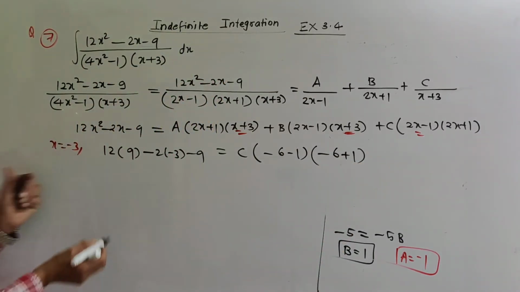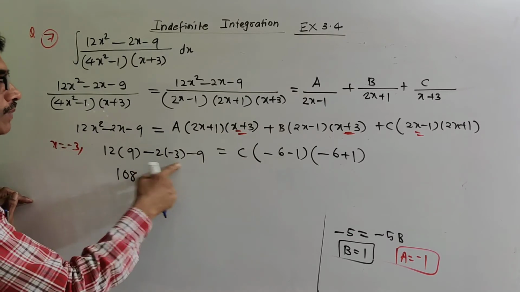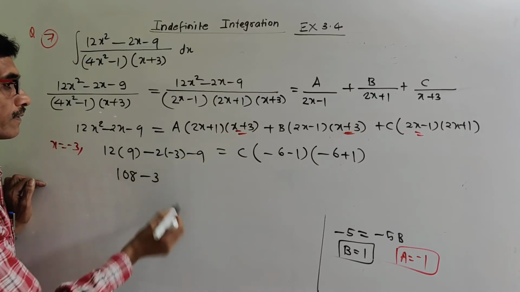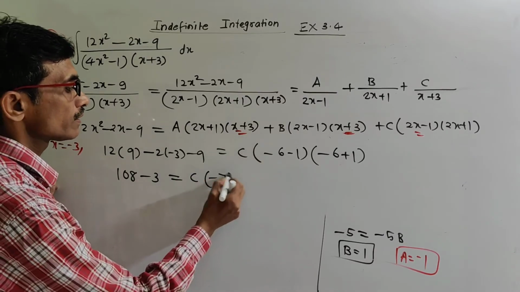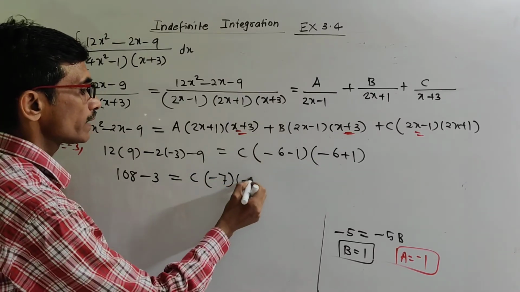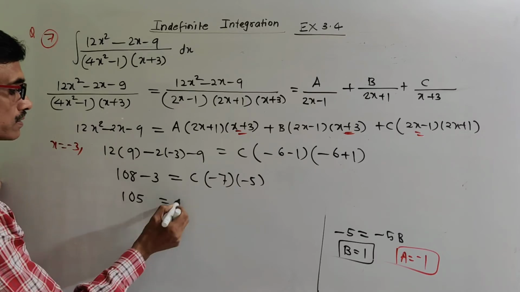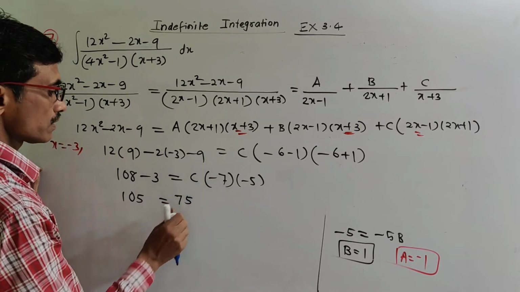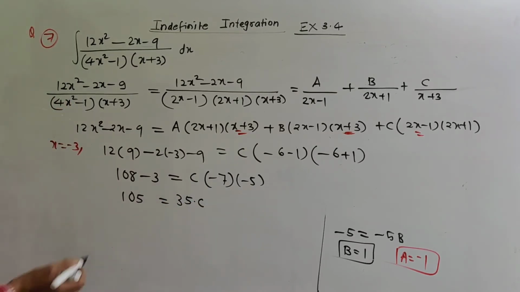Here 108, minus of minus will be +6 and -3, and here it will be c into -7 and this is -5, so this is 105 and here it is 35c.